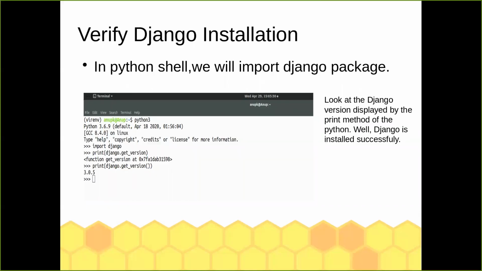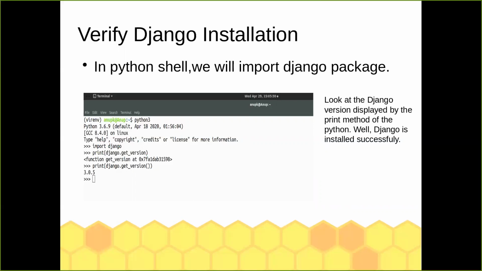Verify Django installation. After installing Django, we need to verify the installation. Open the terminal and write python3 and press enter. It will display the Python shell where we can verify the Django installation. Step 1.